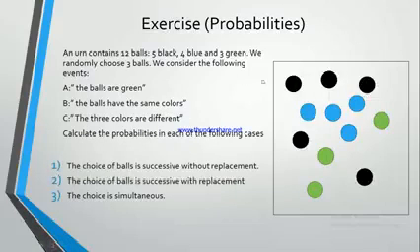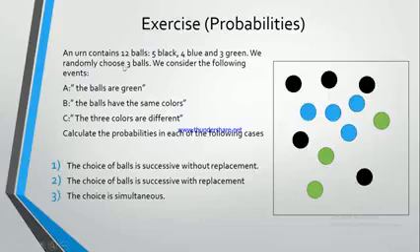Now we'll do an exercise about probability to apply all the formulas that we have explained. So consider an urn that contains 12 balls: 5 black balls, 4 blue balls, and 3 green balls.